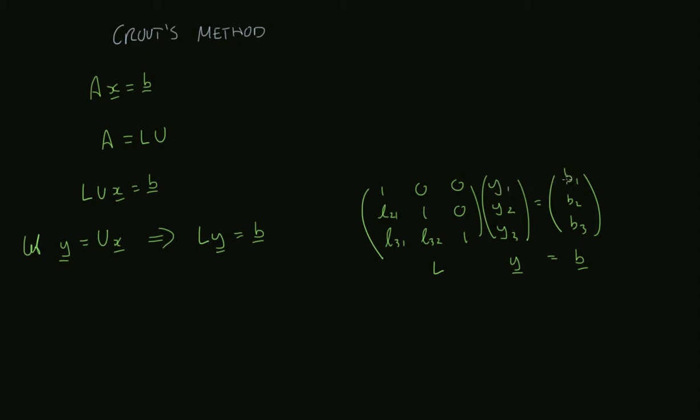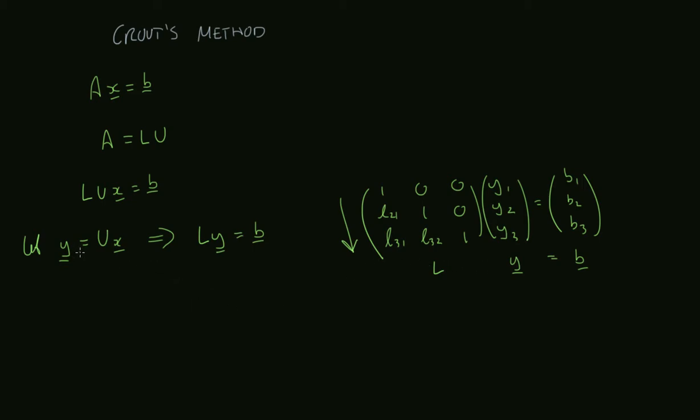Once you've calculated Y1, B2 minus L21 times Y1 is going to be equal to Y2, and similar for Y3. So Y3 is going to be equal to B3 minus L31 times Y1 minus L32 times Y2. So we can calculate our vector Y by using forward substitution on the system LY equals B.